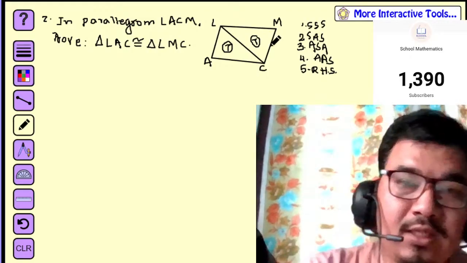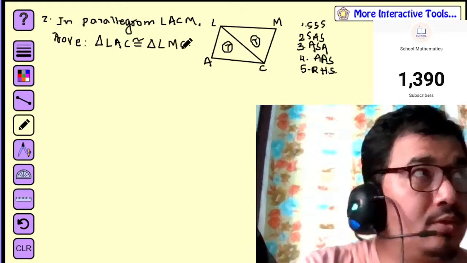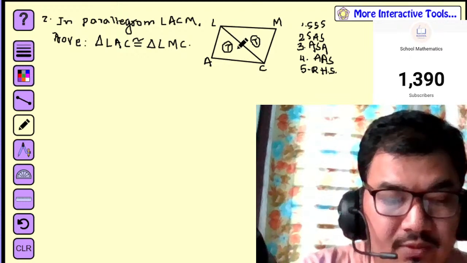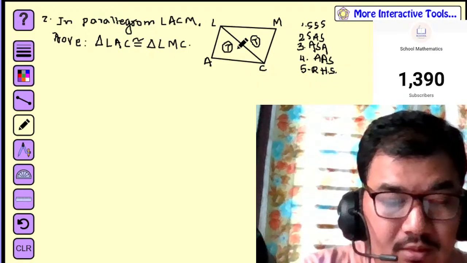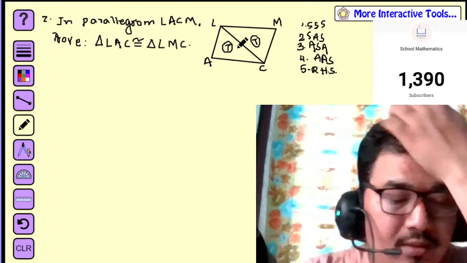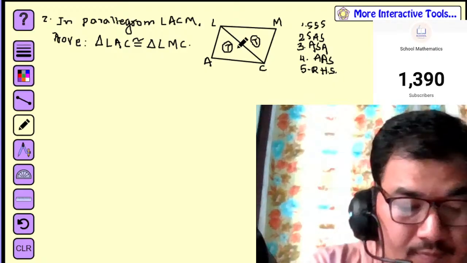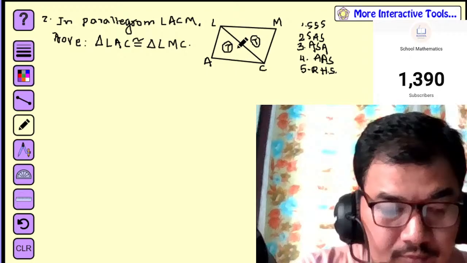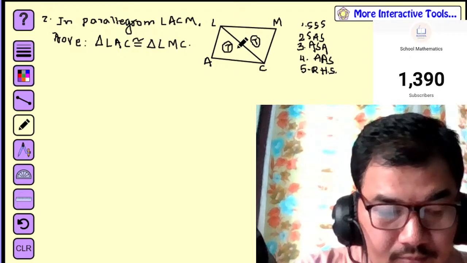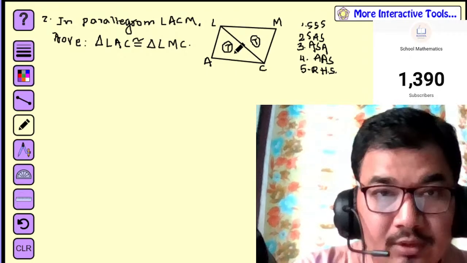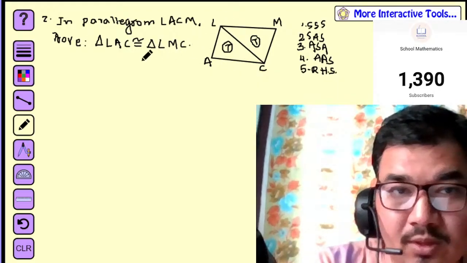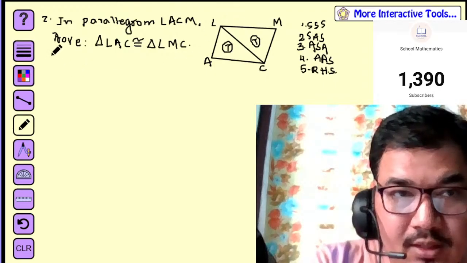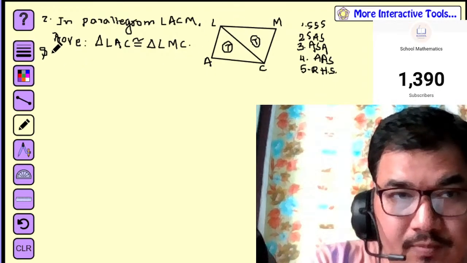There are two triangles in this parallelogram, and we are asked to prove them congruent. For this process of congruency, first we need to draw this figure, and then in this solution, see.